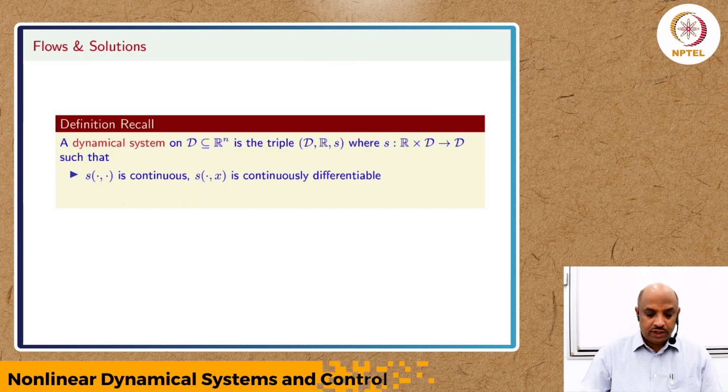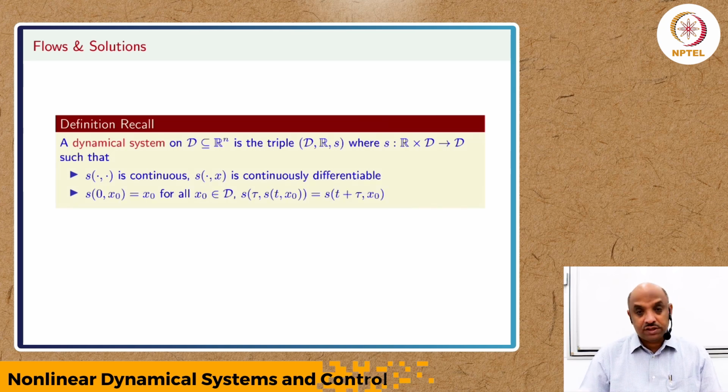The first two provide space and time, and the third one is actually the main ingredient of this dynamical system, which is essentially the function that tells you how a particular dynamical system changes in time and space, right? And of course, we assume that this function S is continuous and it is continuously differentiable in one of the variables.